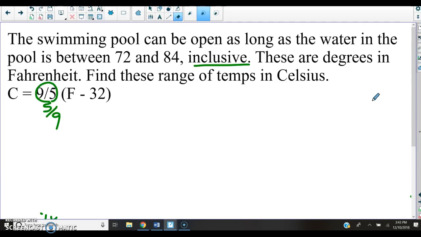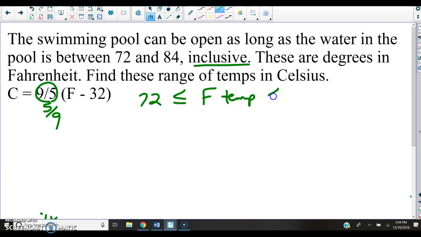Okay, so since the temperatures have to be between 72 and 84 inclusive, I've got this so far, but I want to get a Celsius temp. So what I have to do is switch the 72 and the 84 both to Celsius. So I would take 5/9 times my temperature after I subtract the 32.